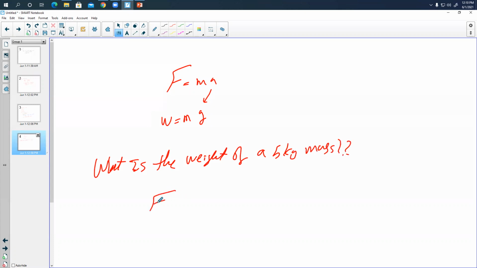Your weight again equals your mass times your gravity, because gravity is pulling you down, so it'd be 5 times 9.8. So that's going to equal 49 newtons.